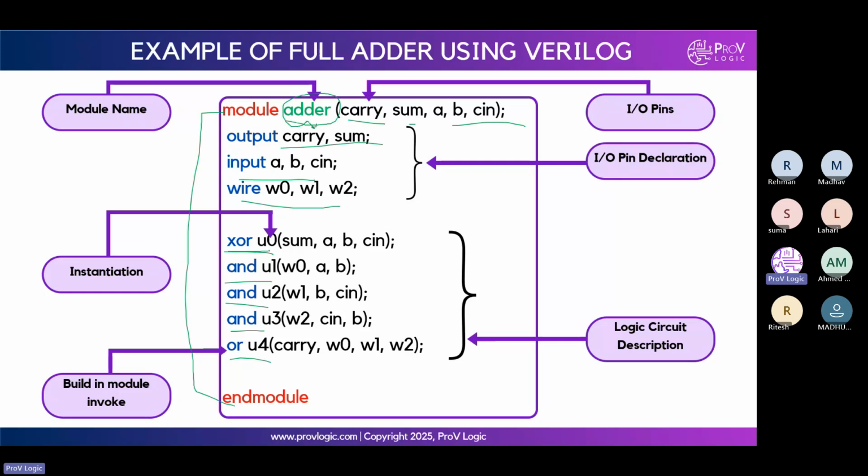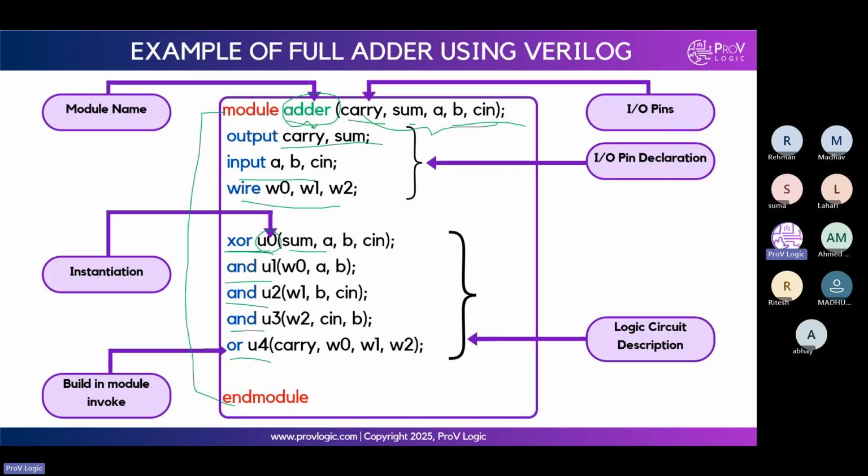So first XOR, name is U0. Sum is the output. Here we first declared outputs, then inputs. Whatever declaration format is there, in the same format you need to write here. So first output, then inputs.